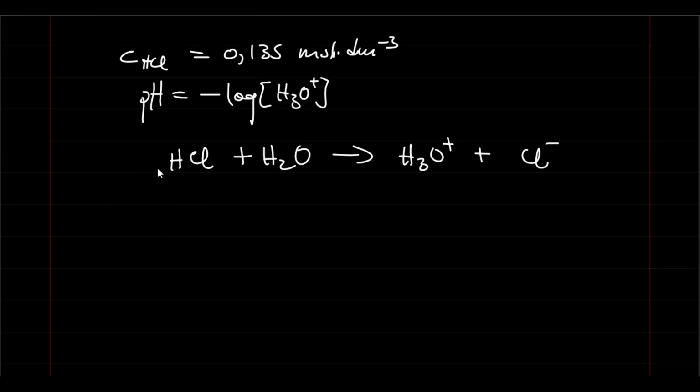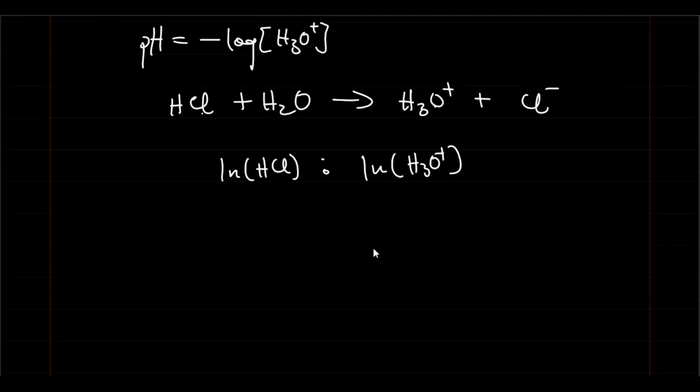Now we're going to check the stoichiometry between the HCl and the hydronium. For every 1 mole of HCl that ionizes, 1 mole of hydronium ion is formed.